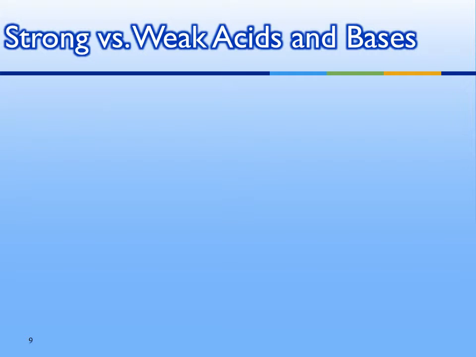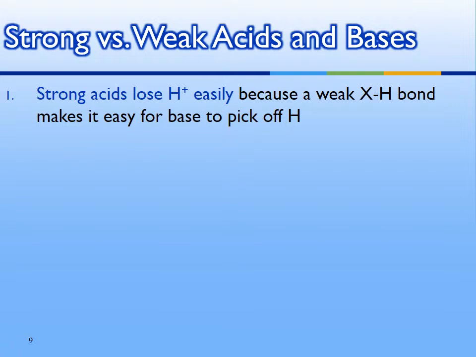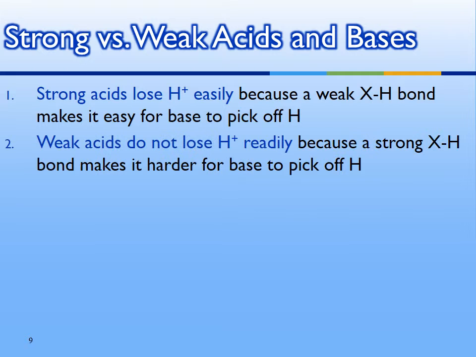We have discussed this though already to some extent. We have discussed the difference between strong and weak acids. And if you remember, we said the strong acids are the ones that completely dissociate into hydrogen ion and the corresponding anion, because the bond between the X atom, whatever atom that holds the hydrogen, is very weak, and the hydrogen can be picked off.